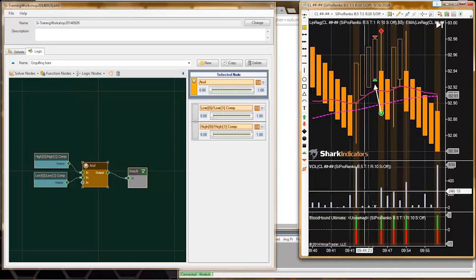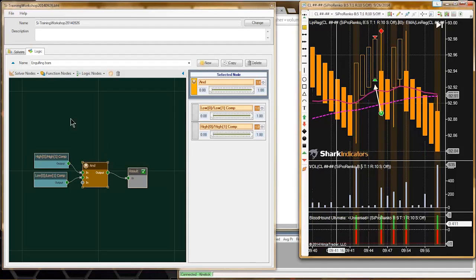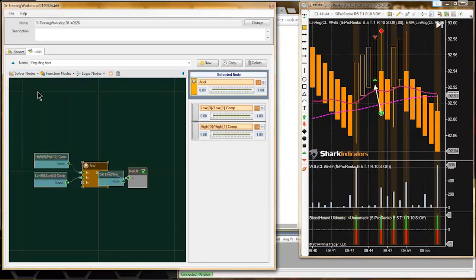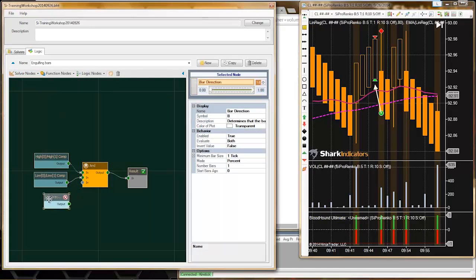So, okay, next step is we want to get a long or a short, one or the other, not both. So we're going to use the bar direction solver to do that.